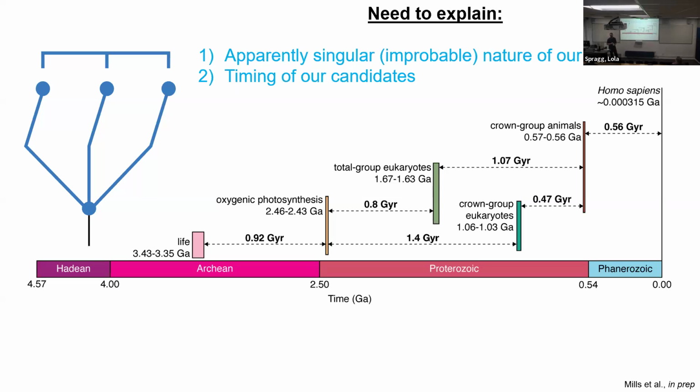Or why animals haven't evolved again: there are many lineages of multicellular algae or plants, but only one multicellular eukaryote at the cellular level, animals. Why hasn't that happened again? I think it's priority effects, and what we need to do is figure out what the mechanics of these priority effects are.